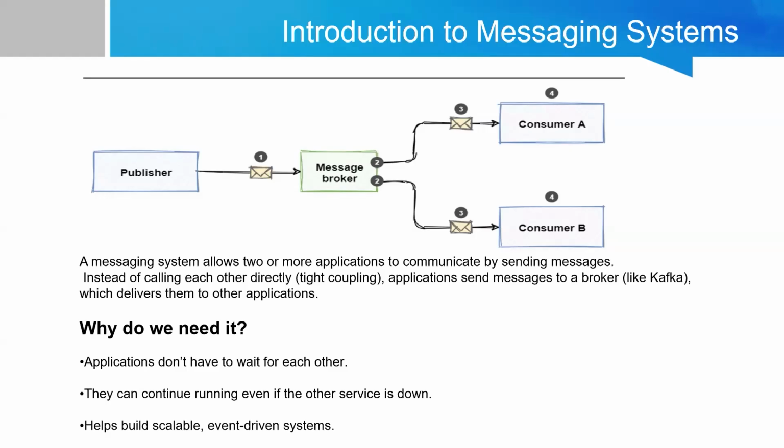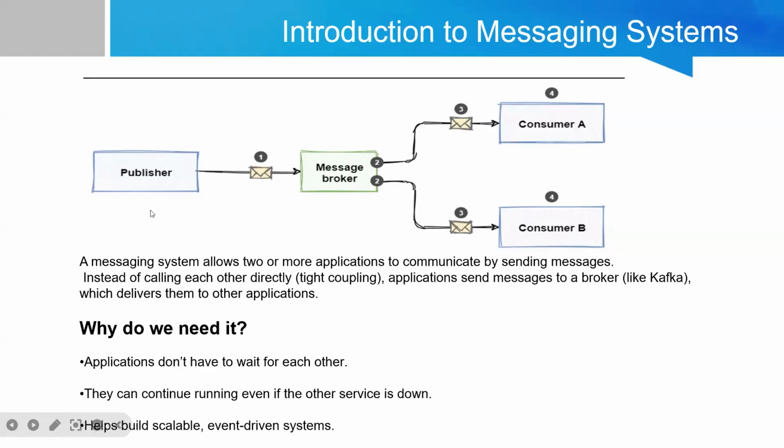Now what you understood is that there will be a publisher and a consumer, right? A messaging system allows two or more applications to communicate by sending messages instead of calling each other directly. The applications send messages to a broker like Kafka, which delivers them to the other application.